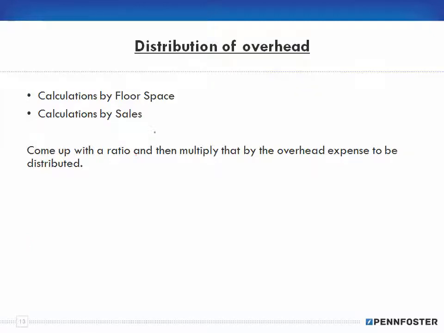Okay. And they both work exactly the same way, whether it's by floor space, and we'll call that square feet, or by sales, which we call dollar amounts, right? So to keep things simple, let's talk about square feet. And it says here, come up with a ratio and then multiply that by the overhead expense to be distributed.